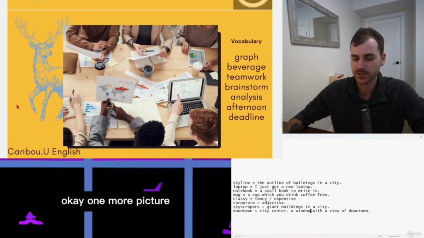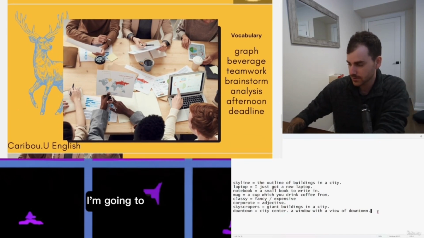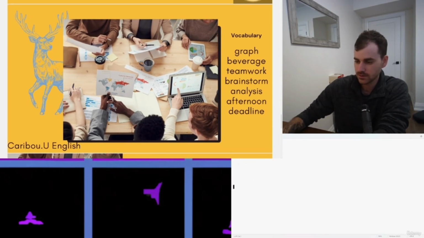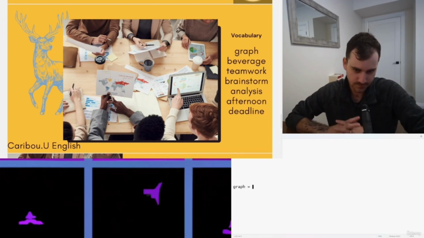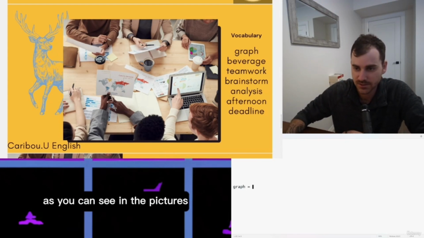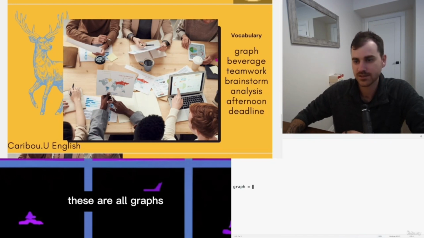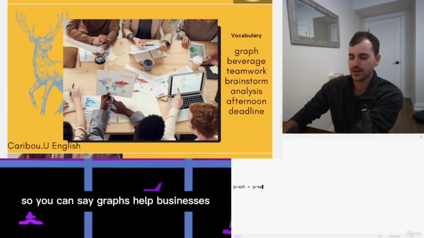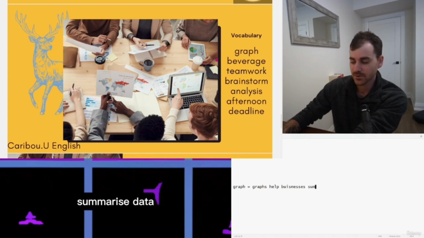Okay, one more picture. And I hope you're finished. I'm going to delete those. Graph. So a graph is, as you can see in the pictures, there's some graphs. Here's another graph. These are all graphs. So you can say graphs help businesses summarize data.